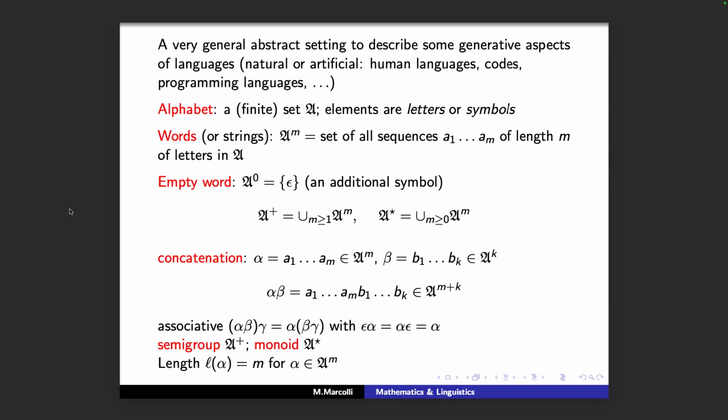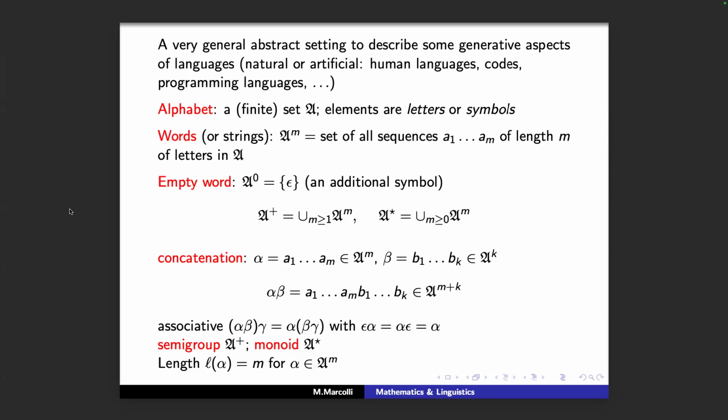Words are just any string in this alphabet, and usually you also consider the existence of a possible empty word, which is sometimes convenient for calculation. You can have the set of words of arbitrary length, either including or excluding the empty word.